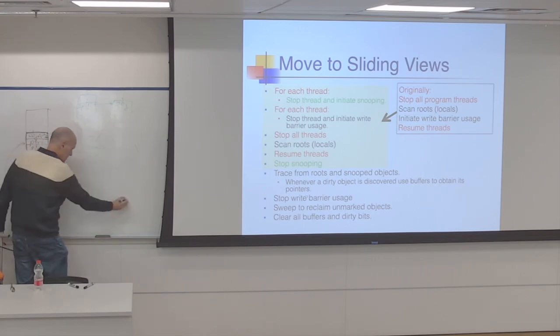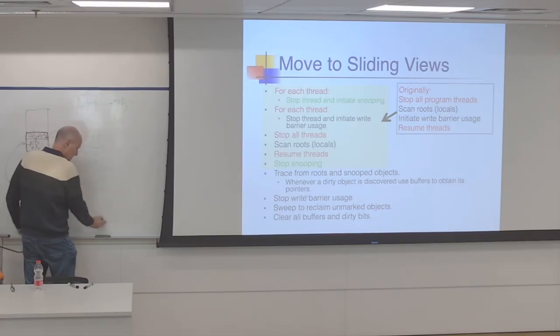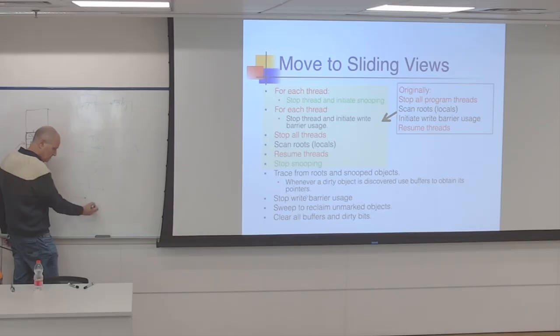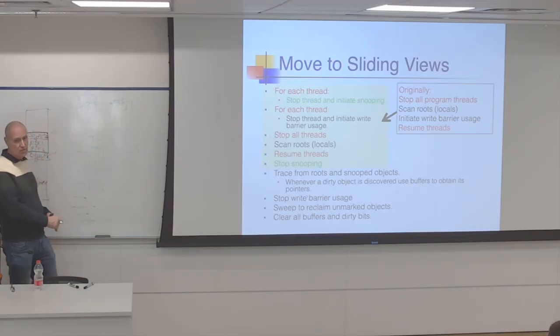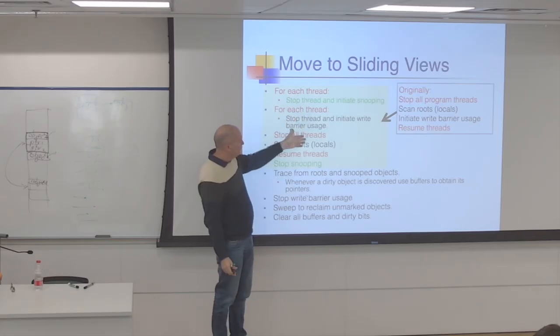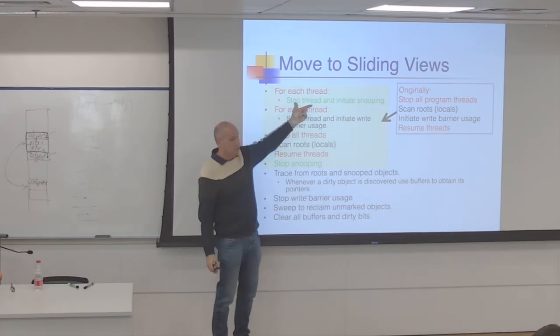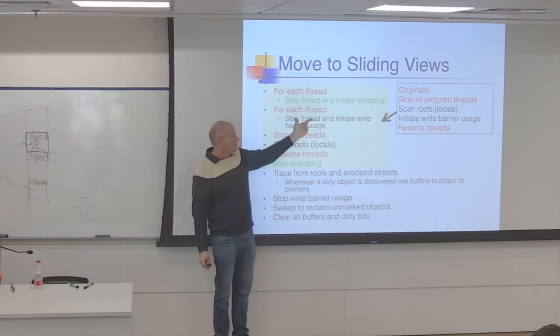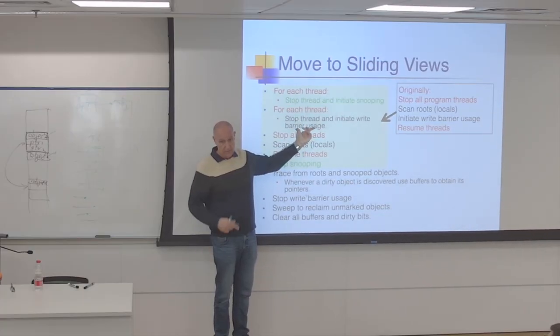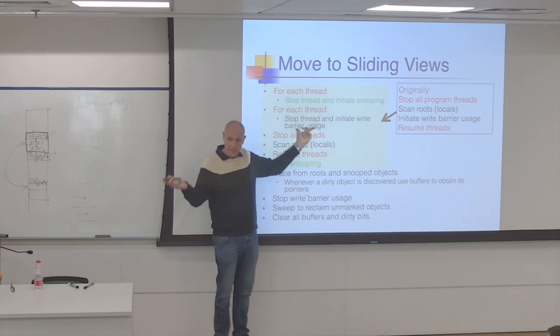And if I just say to each of these threads, when you're ready, just cooperate with me. This is the handshake. So each of them stops. I don't mind if they all stop at the same time, but I just want all of them to cooperate with me. The first cooperation will be to initiate the snooping. The second cooperation will be to initiate the write barrier usage, like you're going to start copying stuff.